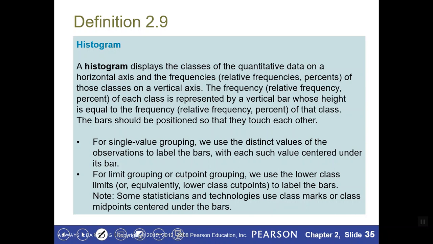Histogram. A histogram is a very important diagram, or graph, in statistics. A histogram displays the classes of the quantitative data on the horizontal axis and the frequencies on the vertical axis. There are bars, but the thing is that bars never touch each other.